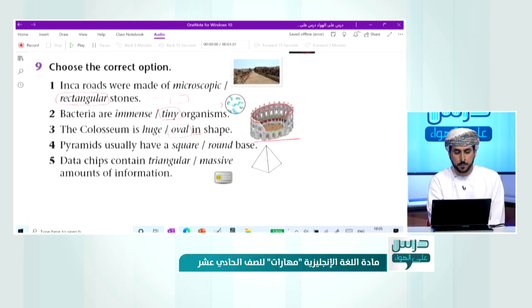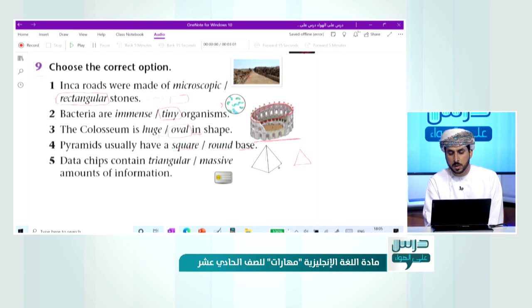Next, we have pyramids. Pyramids usually have, we have first option square, and the second one is round base. What is the base? This is the shape of pyramids, and of course the Egyptian pyramids.